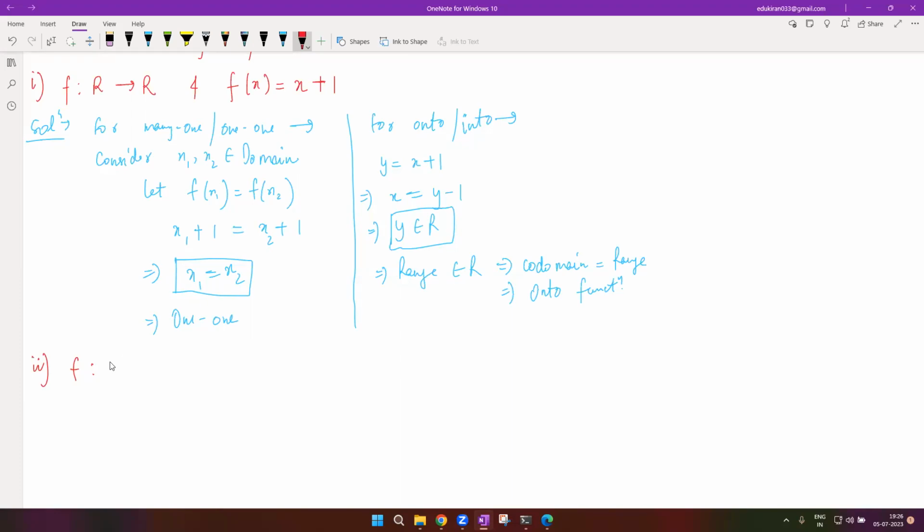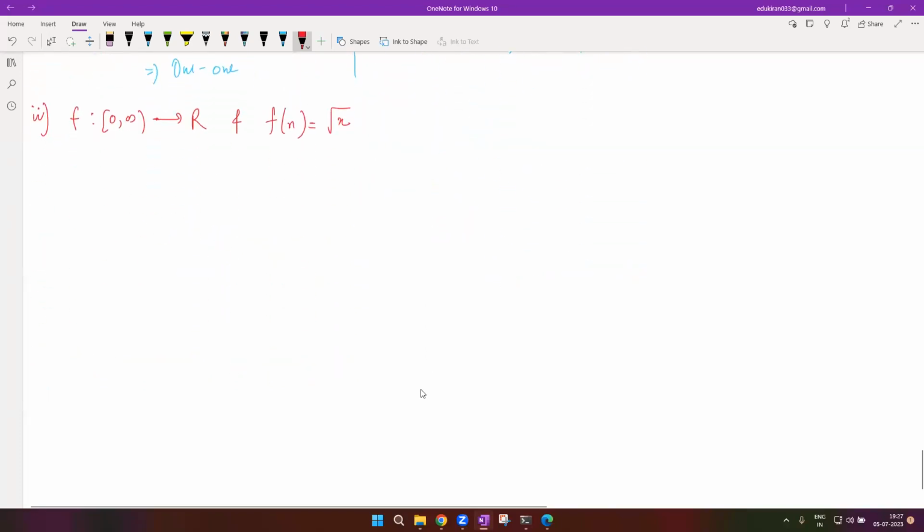Okay, fine. Let's check this. F is defined from 0 to infinity to real numbers.